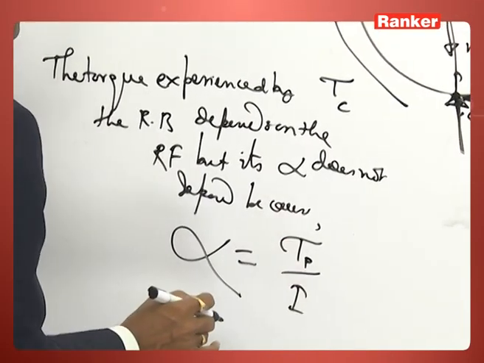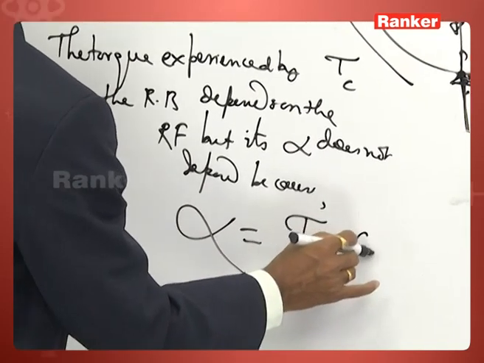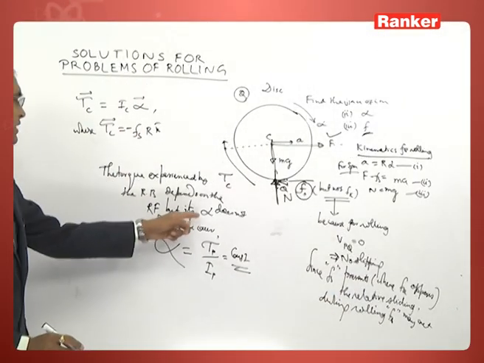Torque about any point upon the moment of inertia about that point, it is a constant quantity. And that constant quantity is the angular acceleration.